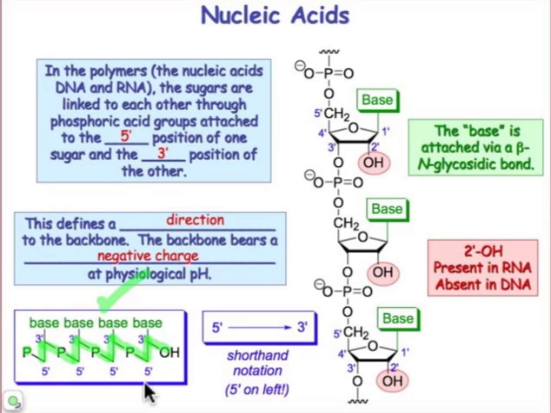You can see that we enter at the 5', we exit at the 3' linked through a phosphate ester, and so on and so forth. And then at the top, which is really at the anomeric carbon, the 1 position, at each of the anomeric positions, there is the attachment of the base.